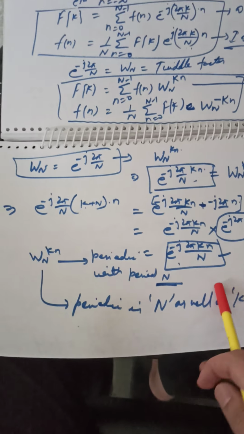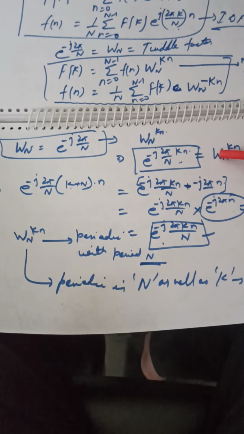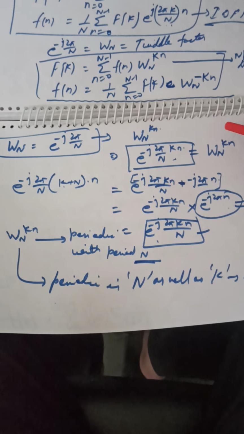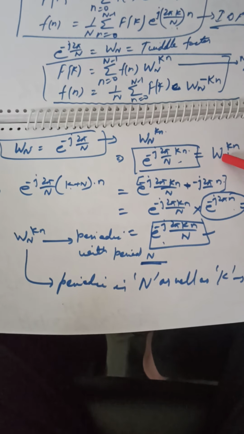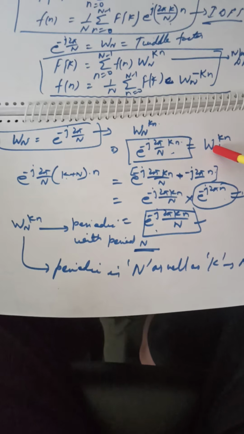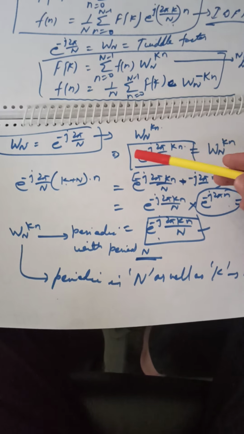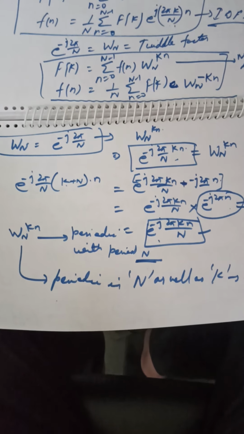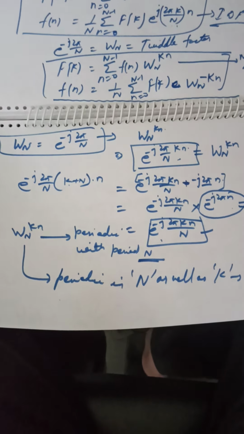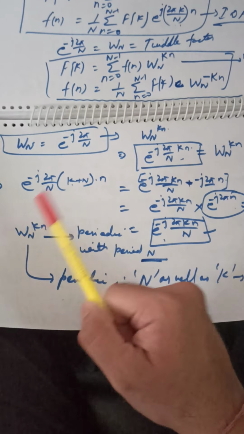Now again this Twiddle factor is defined quite clearly. Now the value of k is varied. That is, we are going to check the variation of this Twiddle factor with respect to k and with respect to n. In the k part, put k equals k plus N, that is e to the power minus j 2 pi by N into (k plus N) into n.